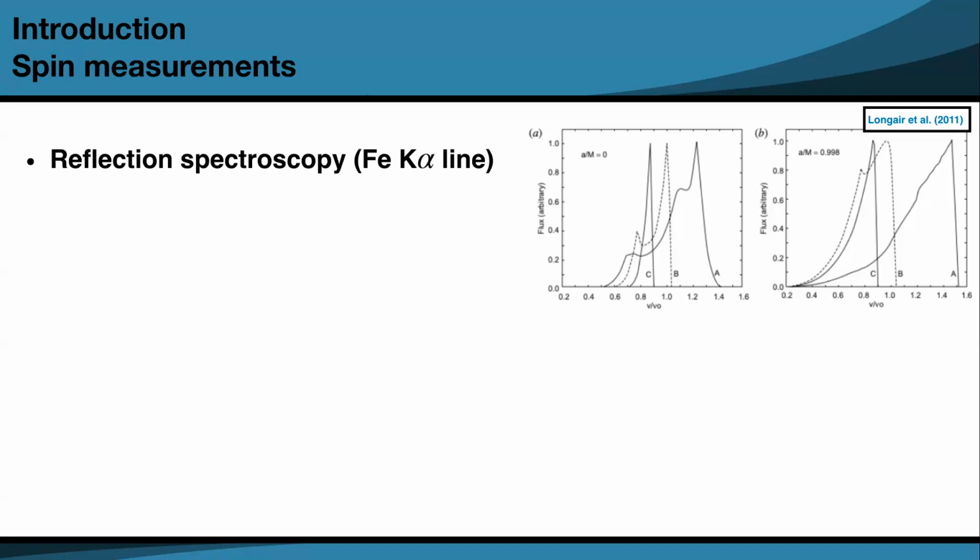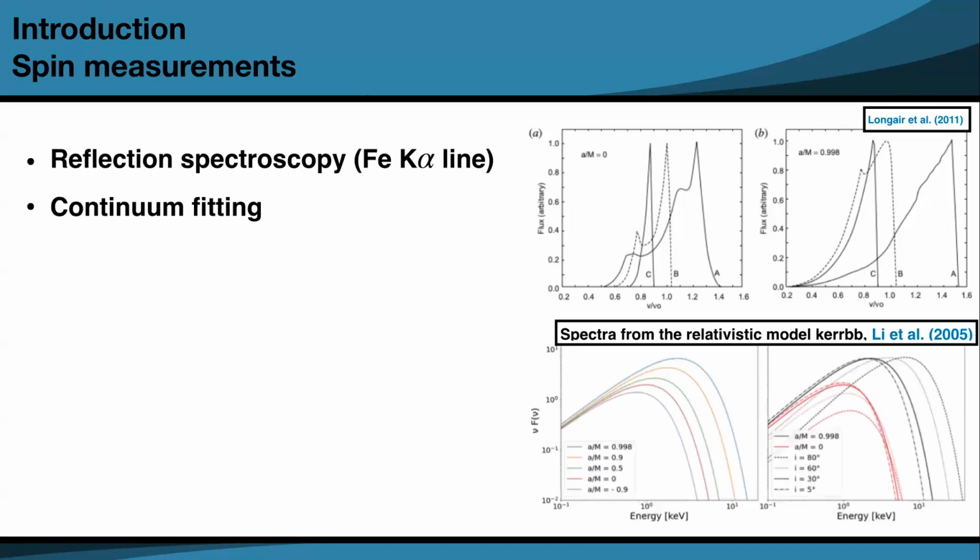This method, as the next ones, actually, of course, depends on several other parameters, such as the mass and the distance of the source. So the same can be said also for the second one, which is the continuum fitting.